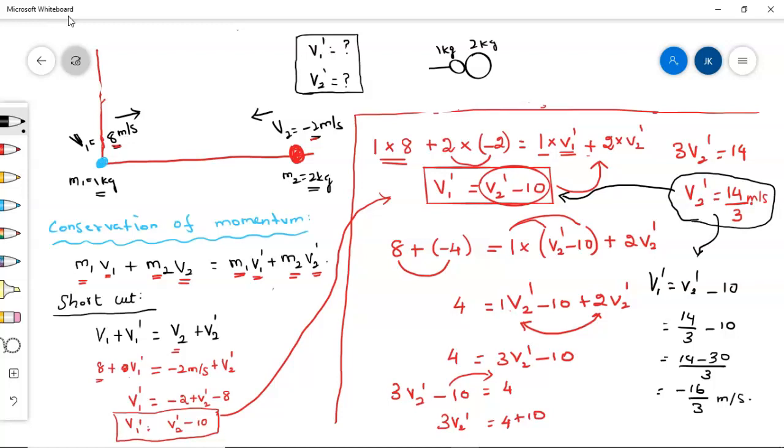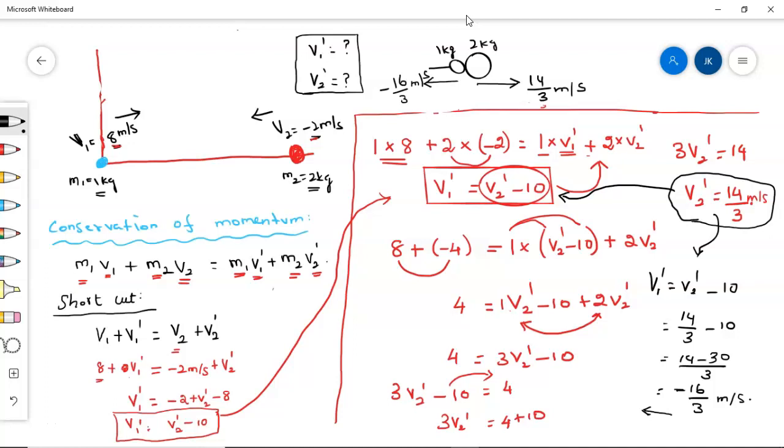Negative means it is moving to the left. So the 1 kilogram object is moving to the left and the 2 kilogram object is moving to the right with a speed of 14 over 3 meter per second, and here negative 16 over 3 meter per second.